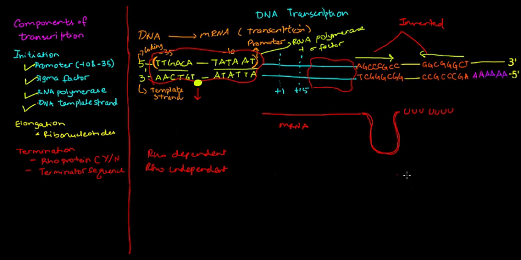This destabilizes the complex, this RNA-DNA hybrid. What happens is that the RNA polymerase stalls and then falls off, cleaving this mRNA in the process. And this is rho independent termination.